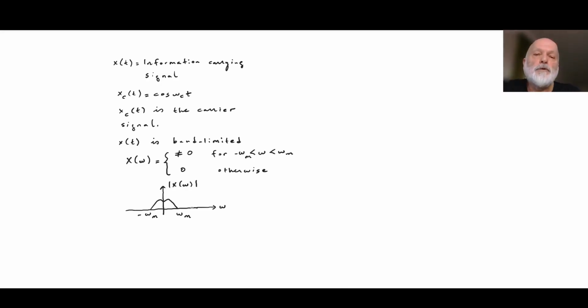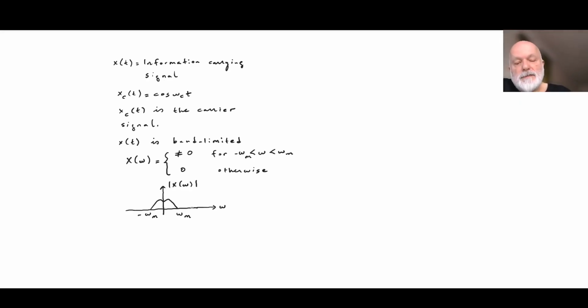For example, in human voice signals, the frequency omega m is in the order of, say, 12 kilohertz or 15 kilohertz, depending on, of course, the person. Outside this band of frequencies, the Fourier transform is 0, and such a signal is called a band-limited signal.